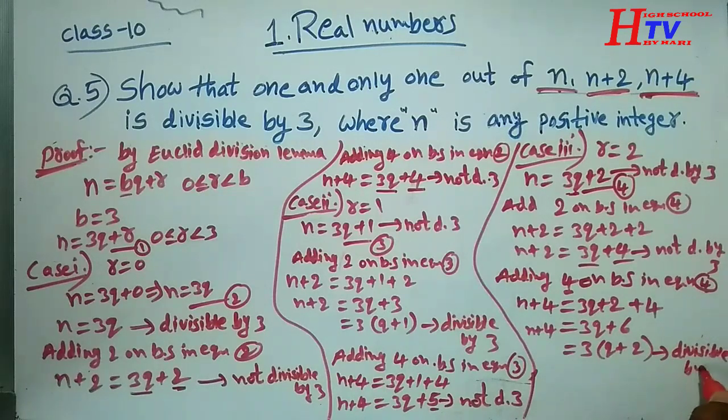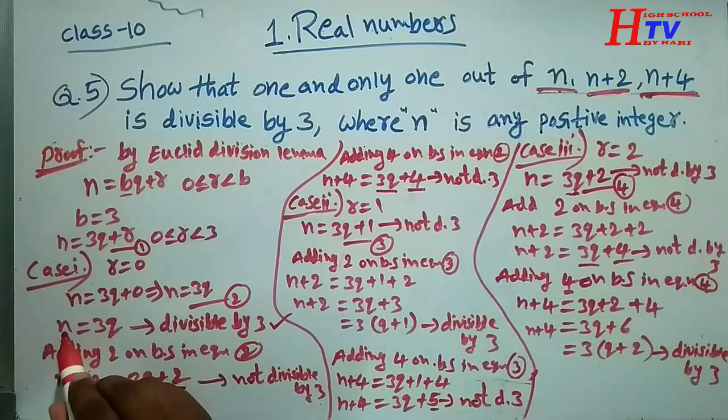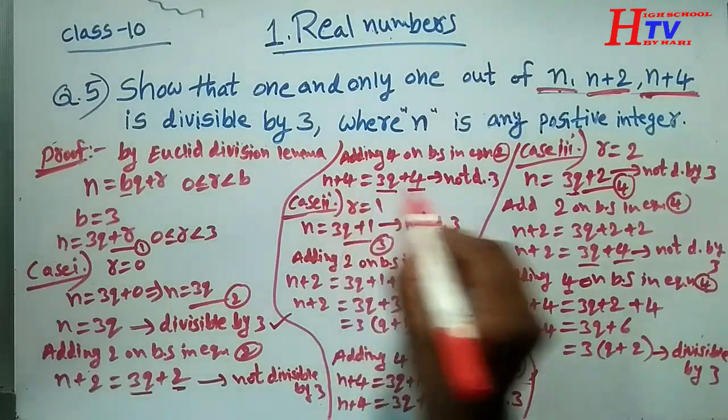In the 3 cases, observe: when remainder r equals 0, n equals 3q, it is divisible by 3, and that means n is divisible by 3, n plus 2 is not, and n plus 4 is also not divisible.